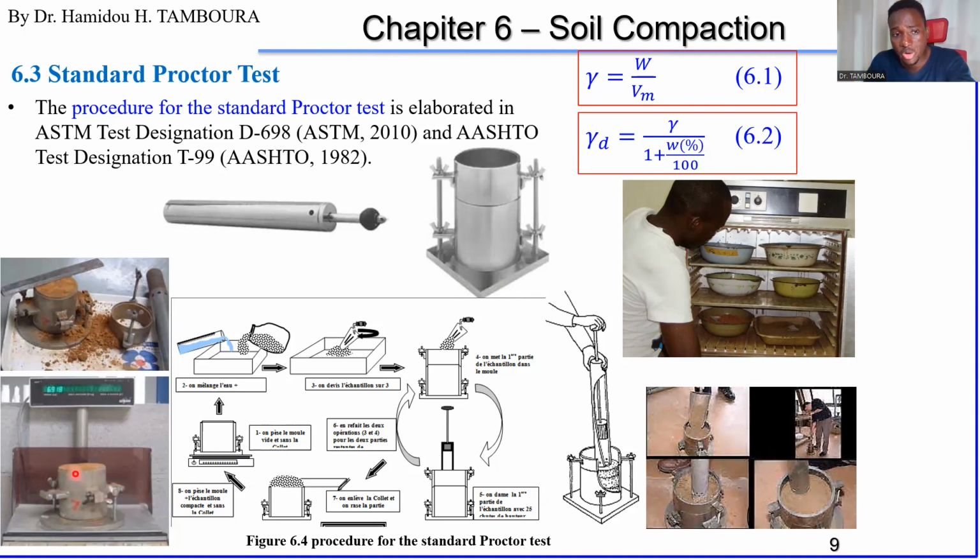You have, of course, the wet weight, which is here, but you don't have to dry all this soil to do the wet weight minus the dry weight, because to have the weight of water in this wet soil, you have to do the wet weight of this soil minus the dry weight of the soil.